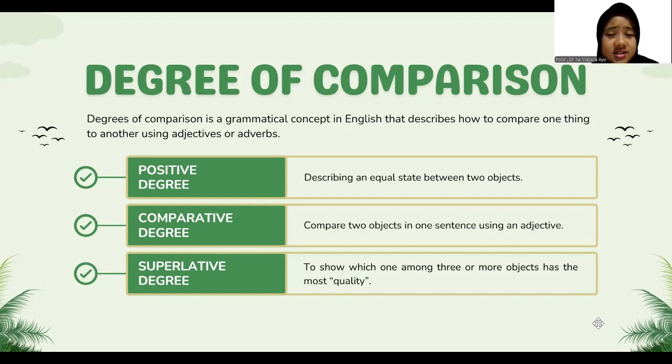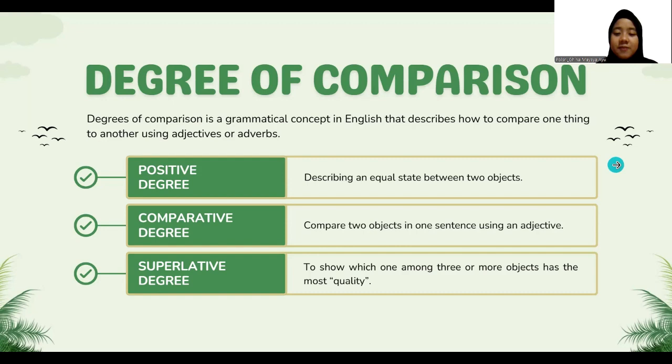Positive degree is describing an equal state between two objects. So, positive degree is describing something in equal state. Now, the comparative degree is comparing two objects in one sentence using an adjective.